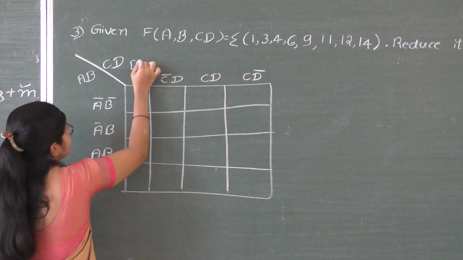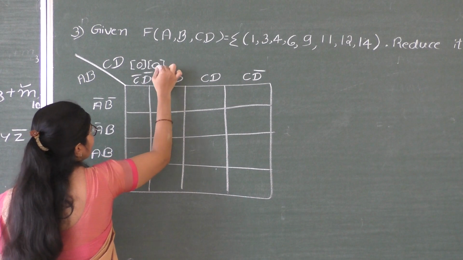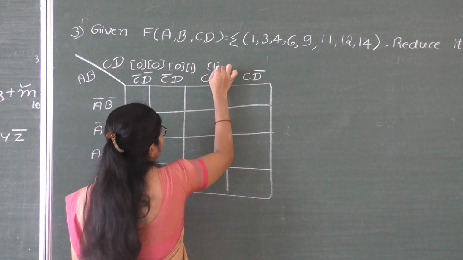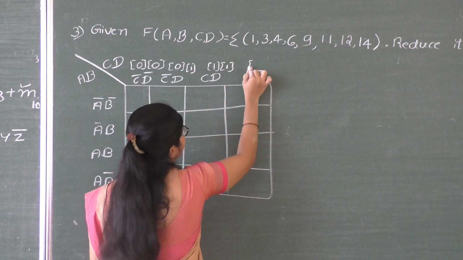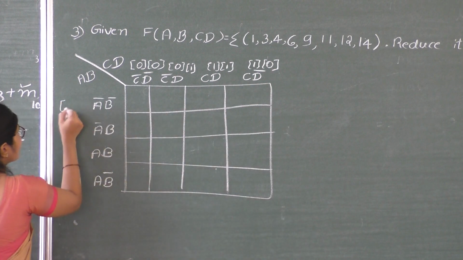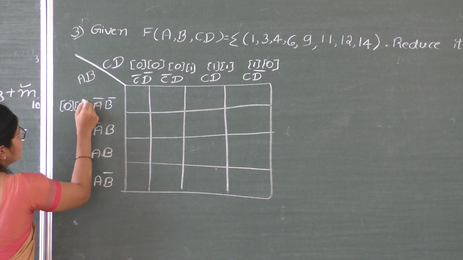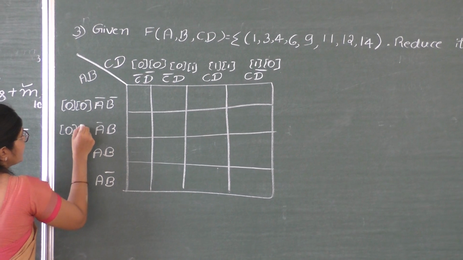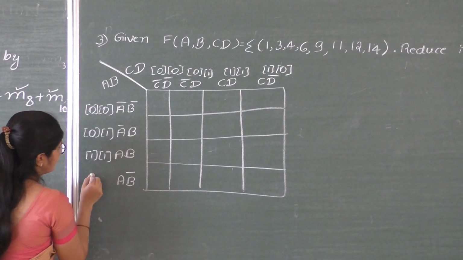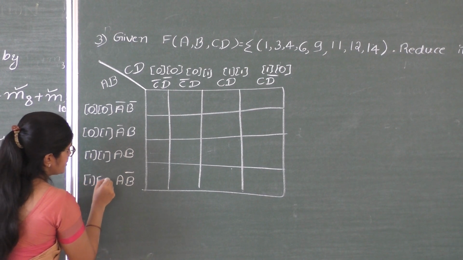Values of the variables are 0 0, 0 1, 1 1, 1 0, 0 0, 0 1, 1 1, 1 0.